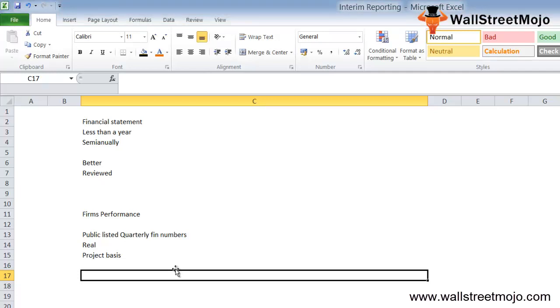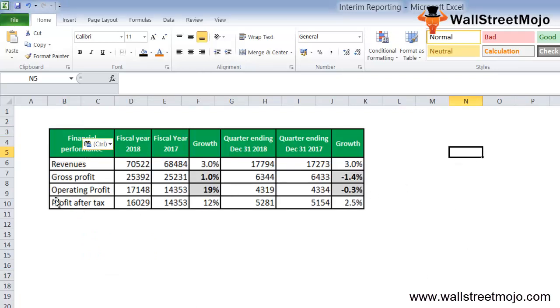Let me give you data of an IT company. Here we have the financial performance for the fiscal years, with growth, quarter ending details, and quarter ending of 2018 and 2017. Even though the operating profit has risen on a year-on-year basis, there has been a drop in the quarterly numbers.